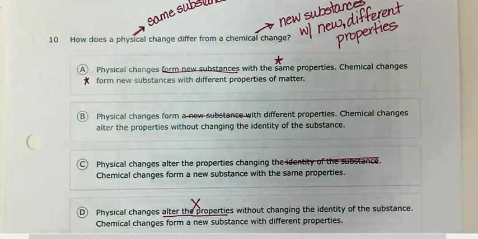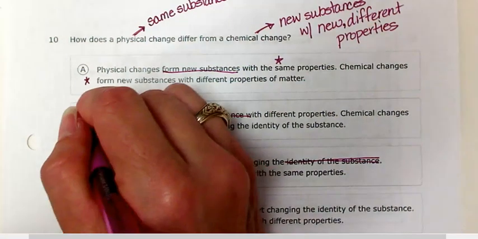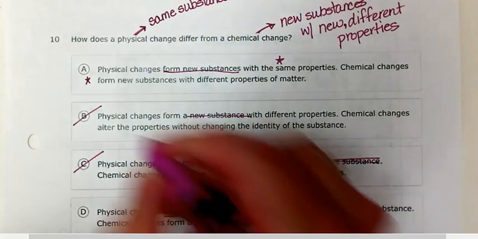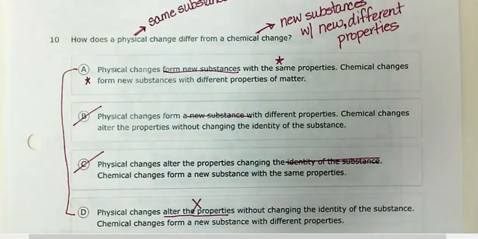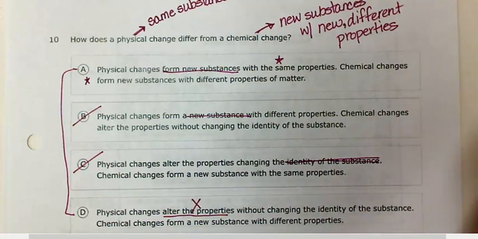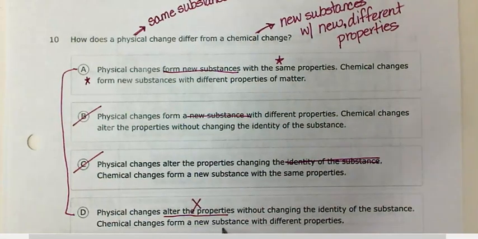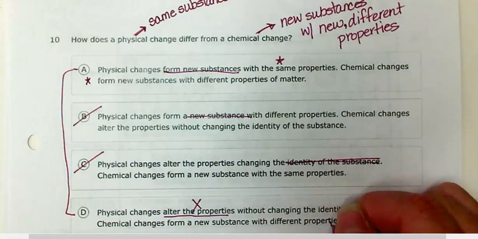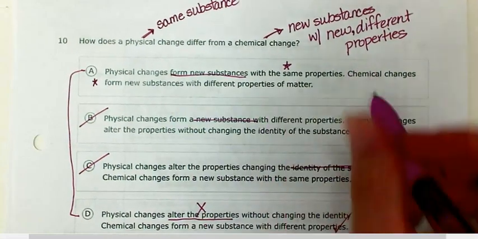Physical changes form new substances with the same properties. Chemical changes. I don't love this question. B and C are definitely out. A and D are what we're down to. Chemical changes form new substances with different properties of matter.